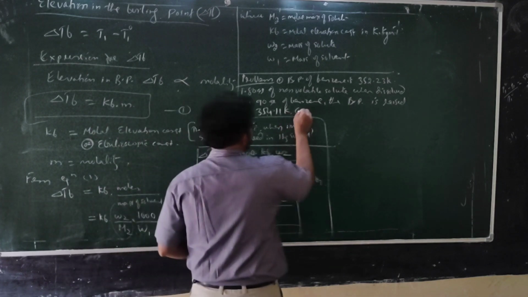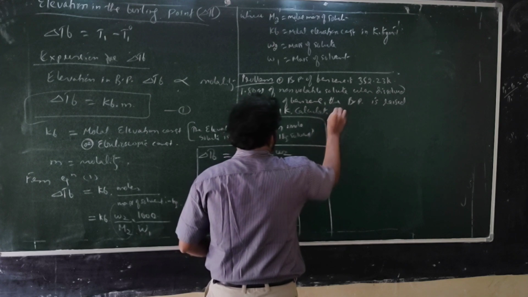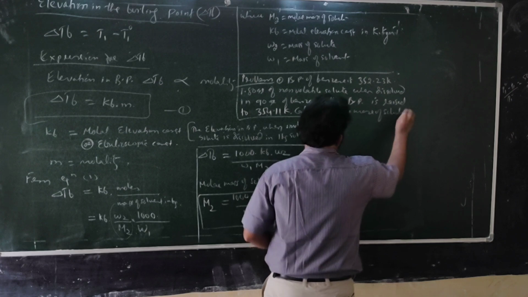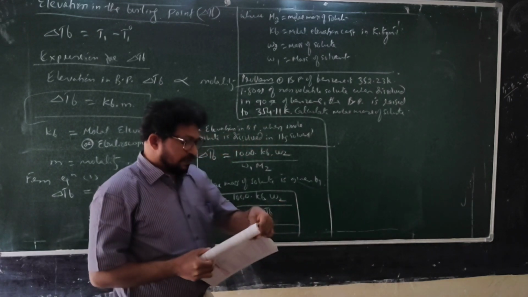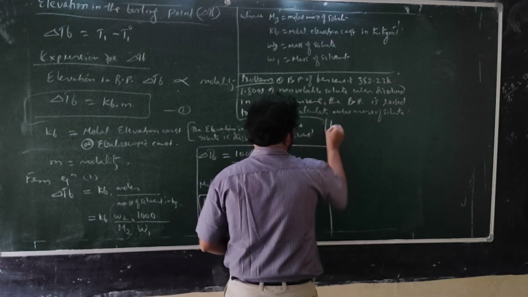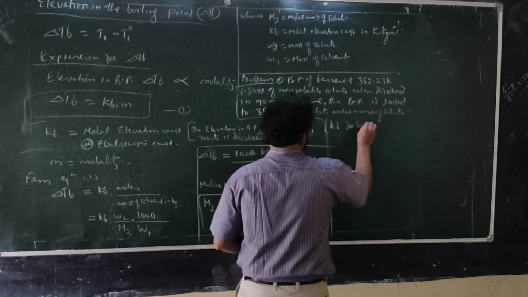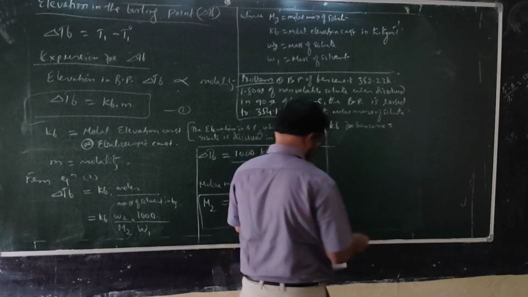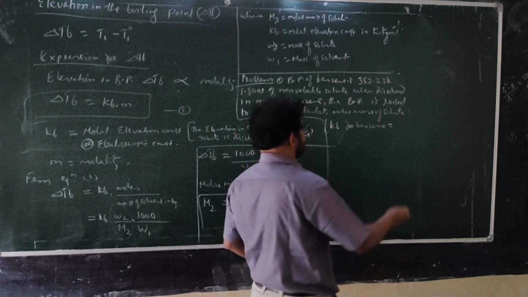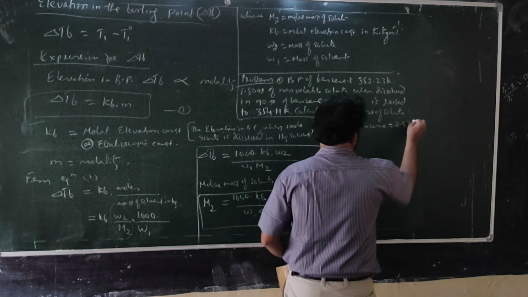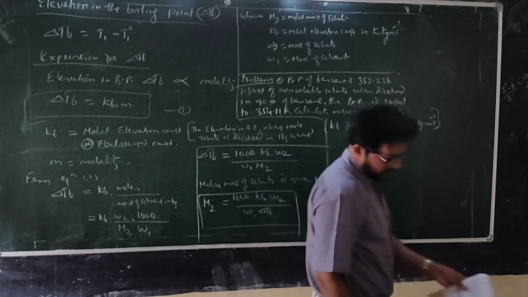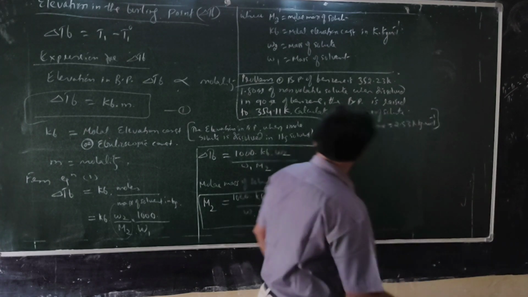Calculate the molar mass of the solute. Here Kb for benzene is given as 2.53 K kg per mole. This is the question. So work this out.